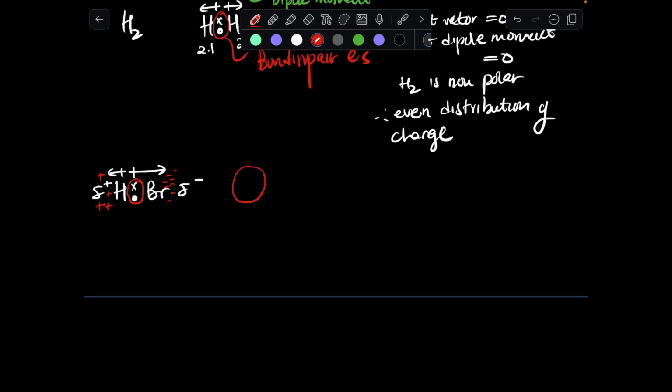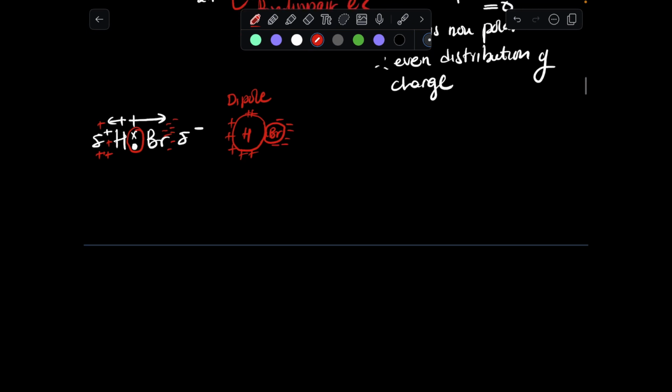This is the hydrogen, and the Br will be there like that. There will be negatives here, and on this side there will be positives. Do you see this? It has two poles, a negative pole and a positive pole. So this one is a dipole.